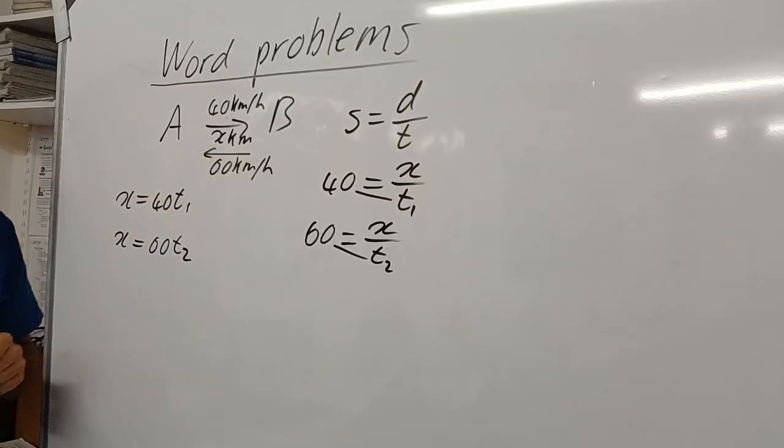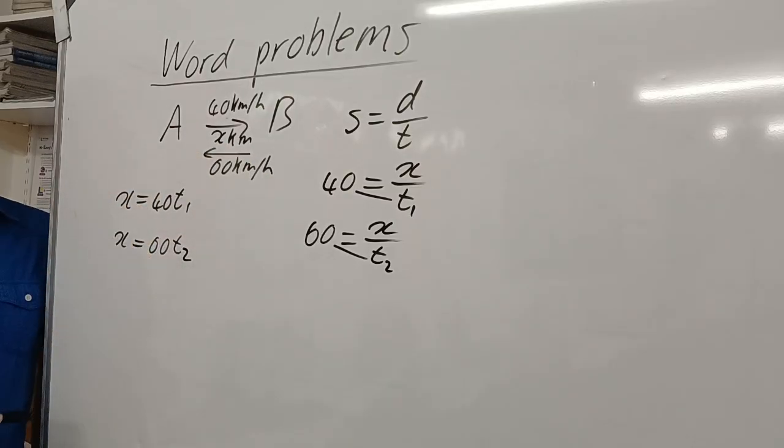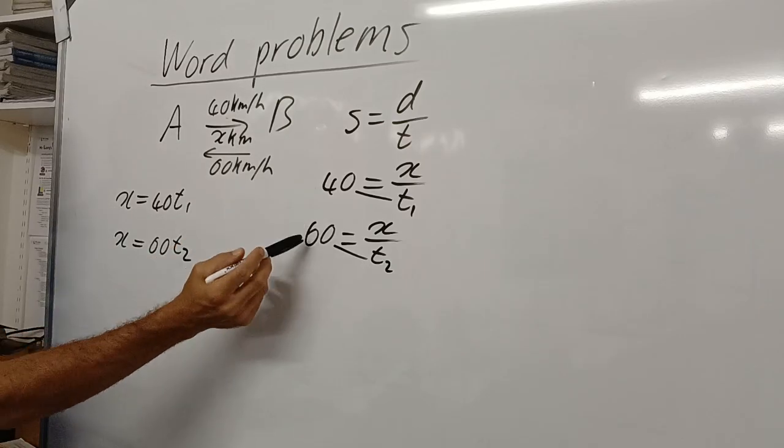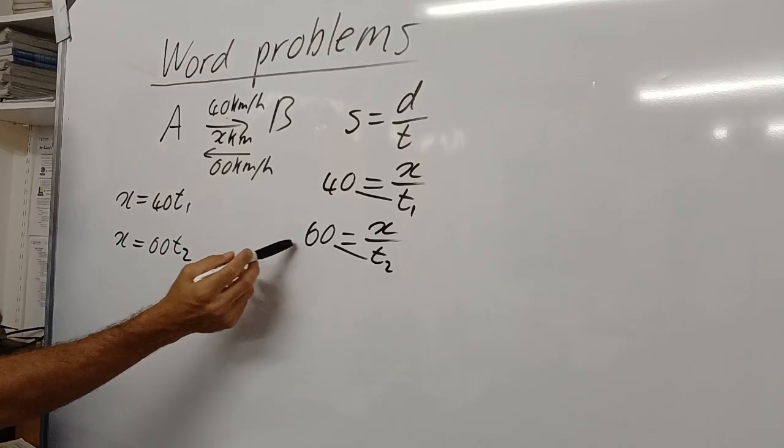We need to get the total time, because we need to find the average speed. There's nothing said about the time, but we know the speed was 40 here and 60 here.